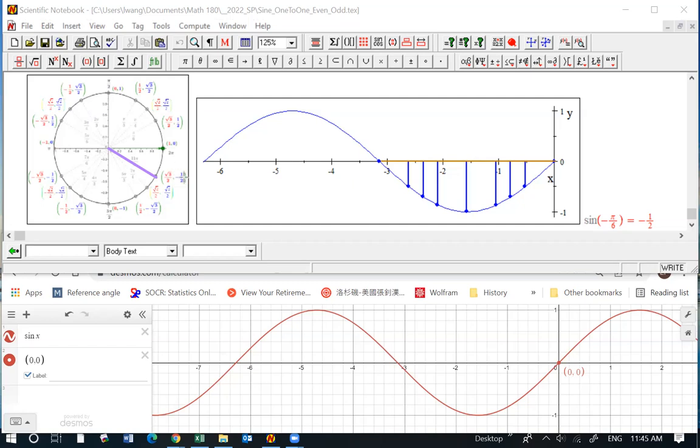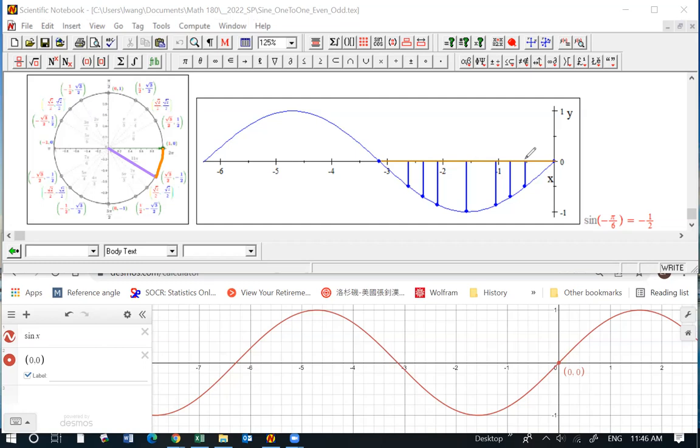So what are we going to do about that golden piece, the arc length? I'm going to draw that golden piece, because the way it's measured, it's counted as negative pi over 6.